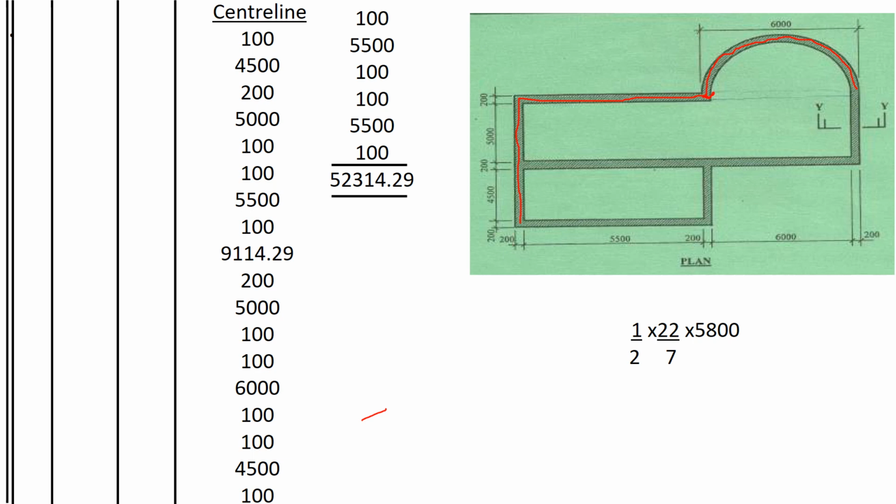We shall get 9271.43. So that is the circumference of that semicircle.